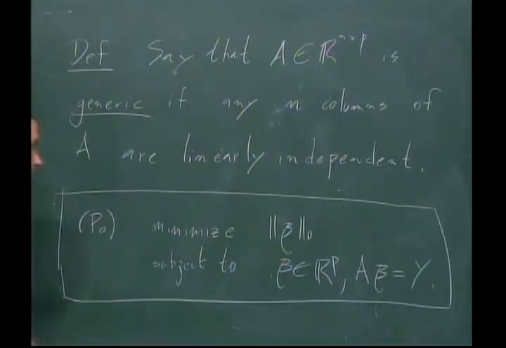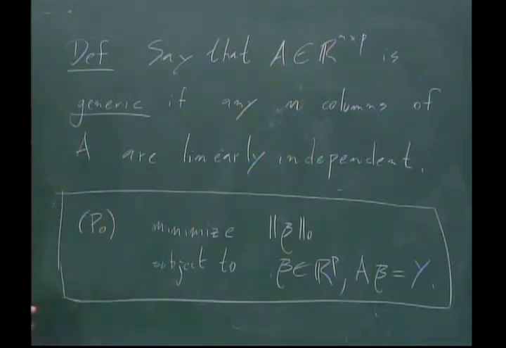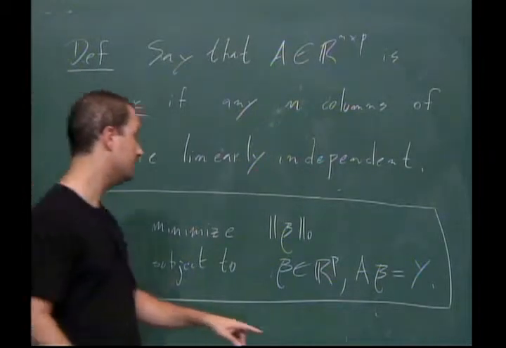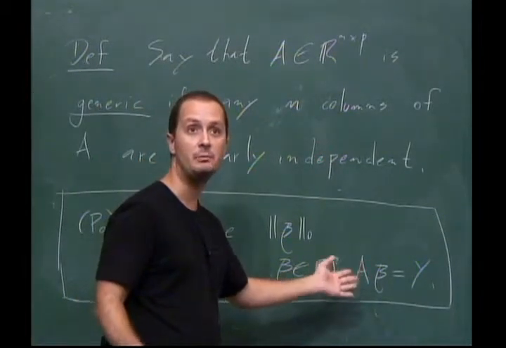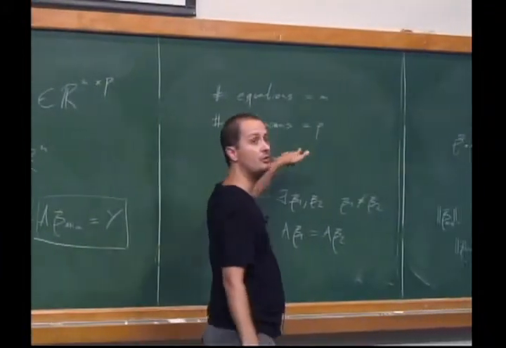So here I have a system of equations, the same system as before. And what this problem is asking you is to find the solution to this system. Of course, there are infinitely many in principle, because the number of equations is less than the number of unknowns.